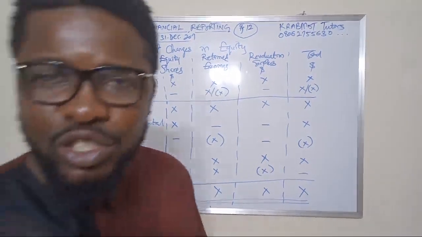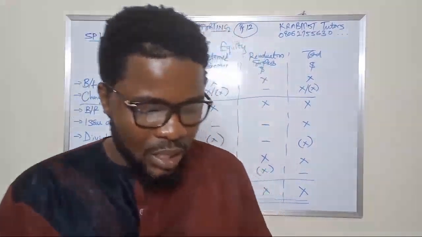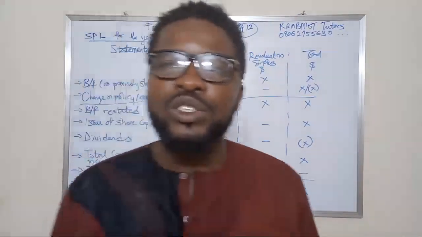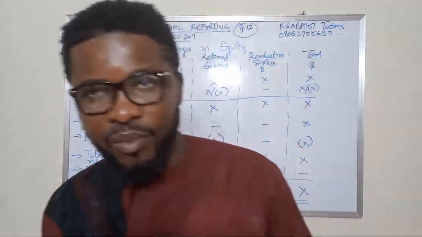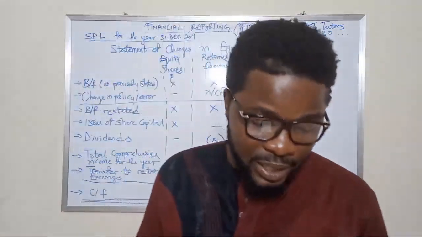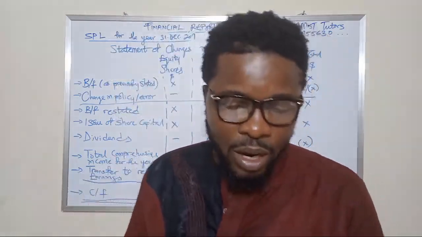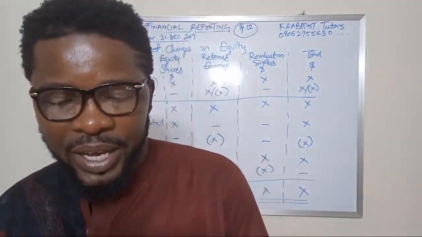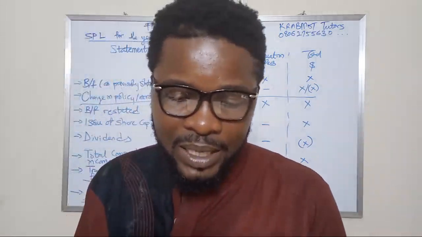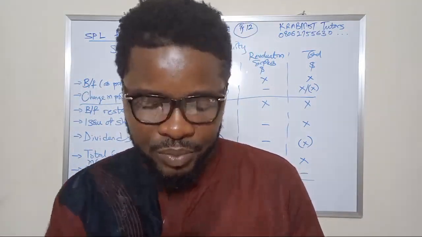On this note, let us quickly look at example 2 in the question on page 13, statement of changes in equity. It said, which of the following should appear in a company's statement of changes in equity?